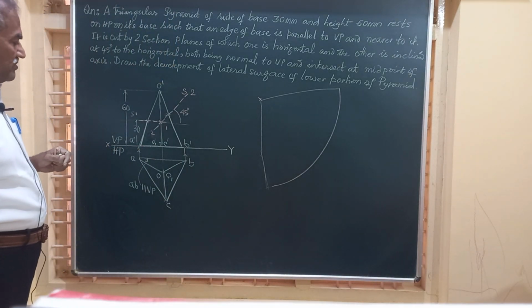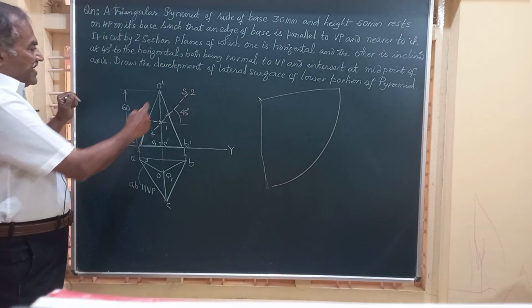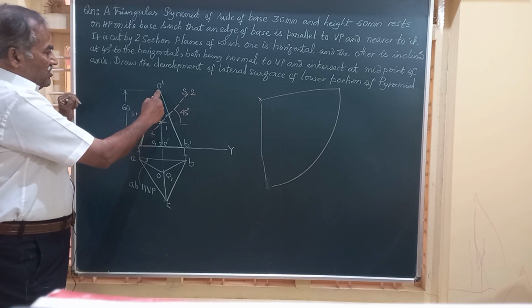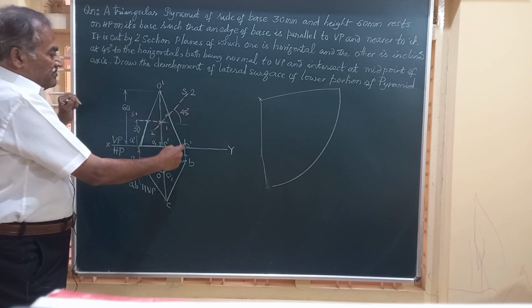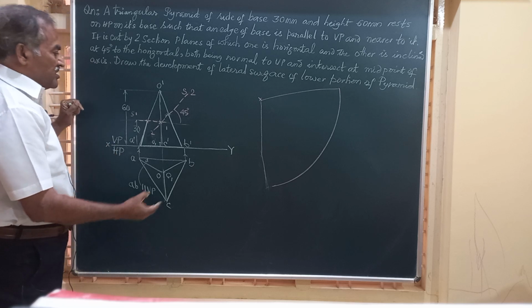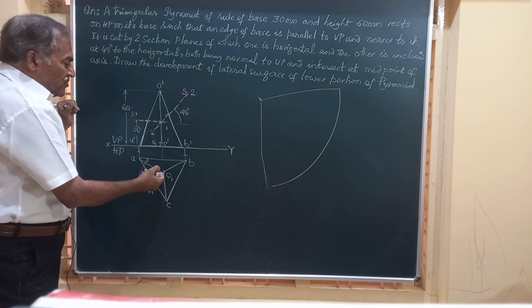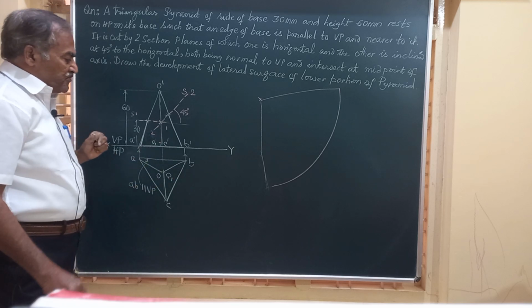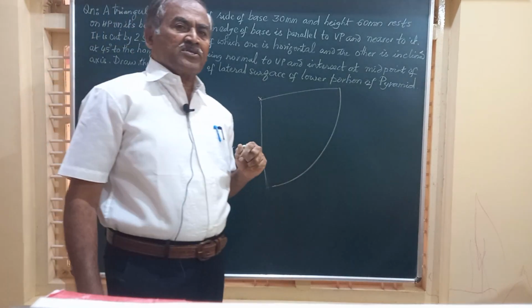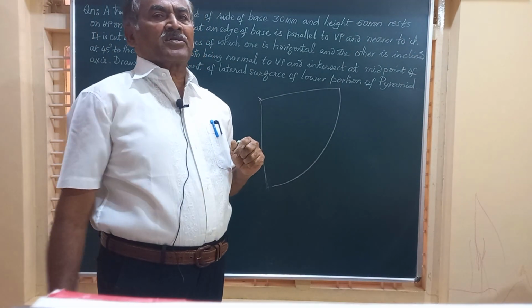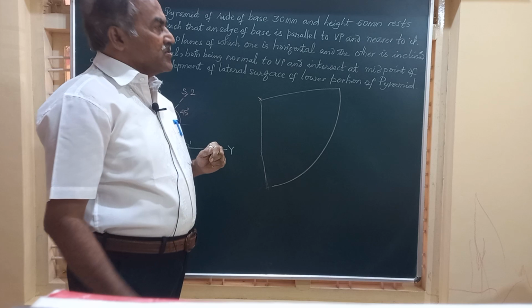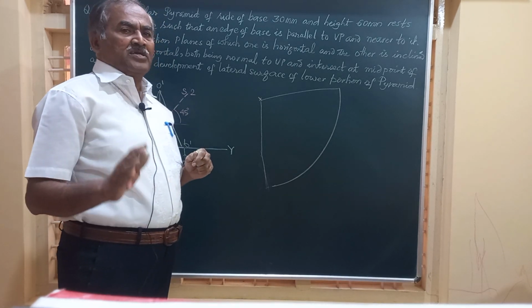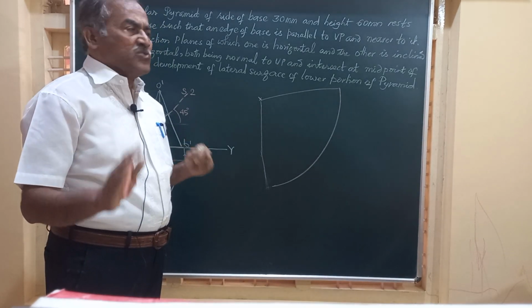If you observe the slant edges O dash A dash, O dash C dash, O dash B dash, and the corresponding top view OA, OB, OC, none of these slant edges are parallel to XY or to VP. So you know very well all the developments are to be drawn to true size.